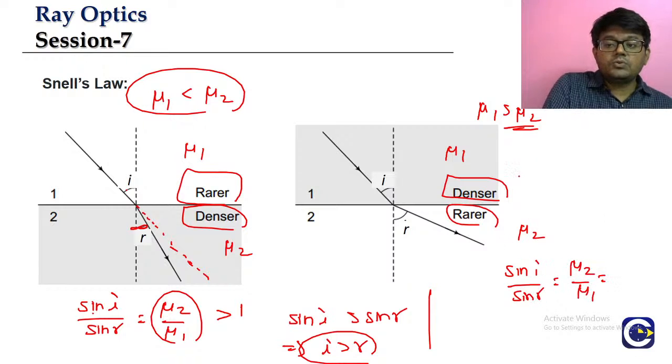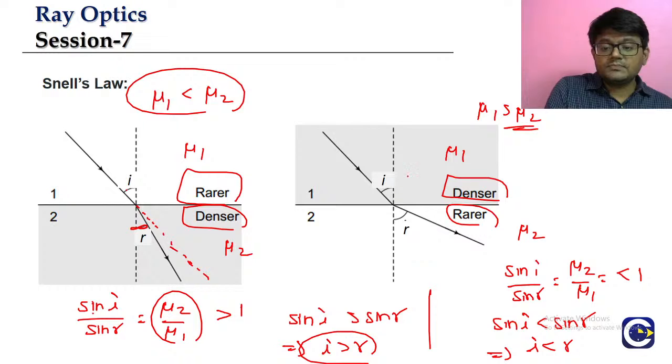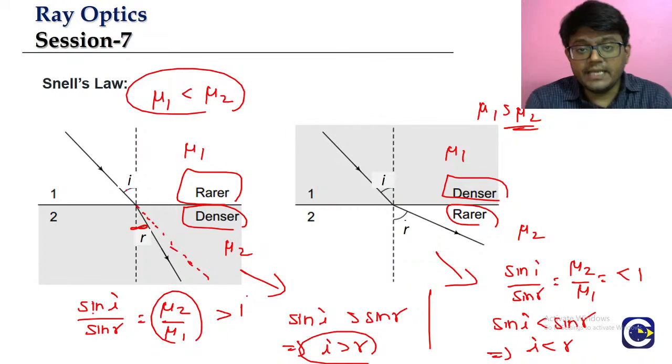Here mu 2 is lesser, so mu 2 by mu 1 will be less than 1. Sine I will be less than sine R, which means I will be less than R. This is the second case. So that's how we can know, using Snell's law, how the bending happens. But Snell's law is not just about telling whether the bending is towards the normal or away from the normal.